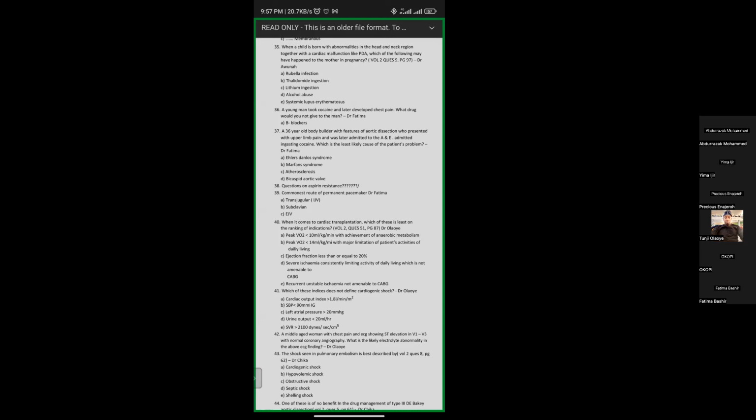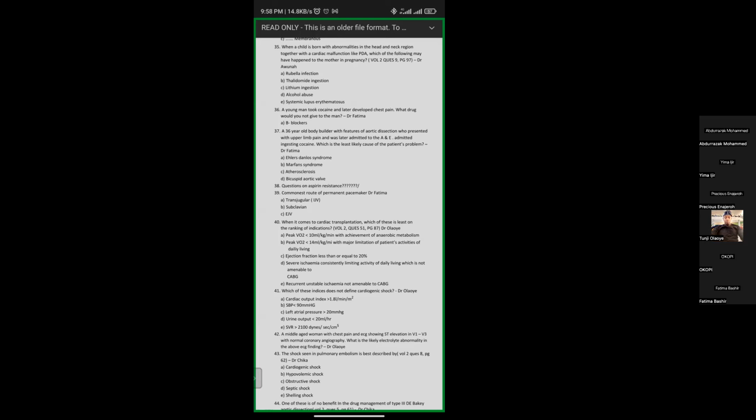So the next question is about aortic dissection. It reads, a 36-year-old bodybuilder with features of aortic dissection who presented with upper limb pain and later admitted to the A&E. Admitted ingesting cocaine, which is the least likely cause of the patient's problem.